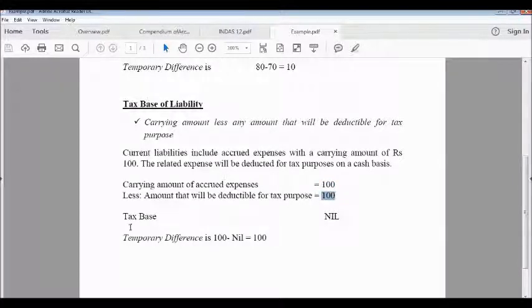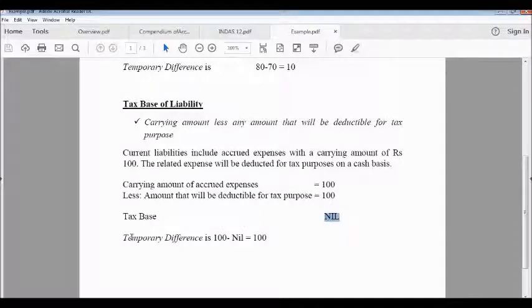So therefore tax base will be nil, because tax base of a liability is the carrying amount minus any amount that will be deductible. The carrying amount is 100, and the amount that will be deductible in the future period when you pay on the actual payment basis is 100. Therefore tax base will be nil, and the temporary difference is the carrying amount minus tax base.